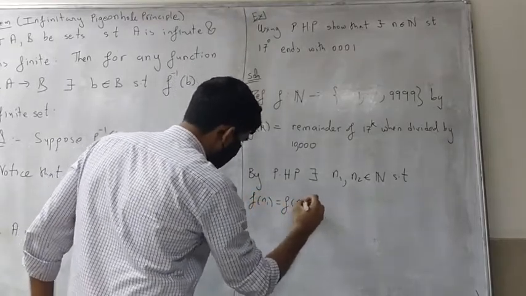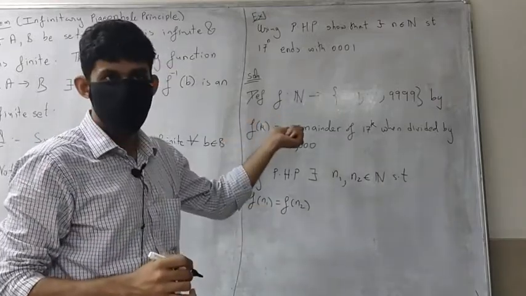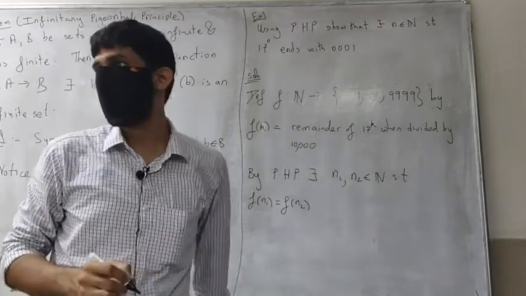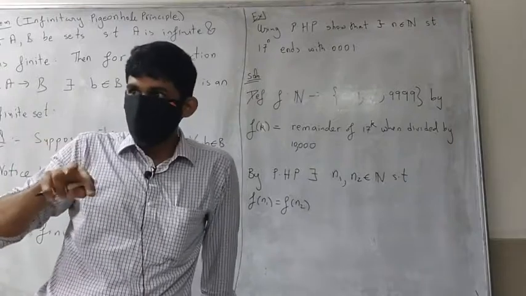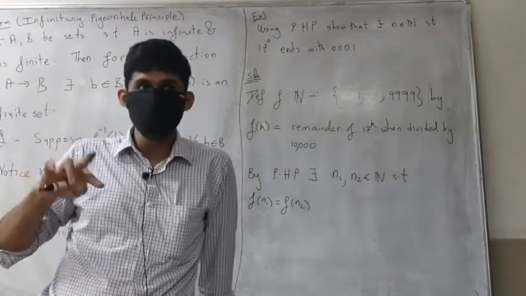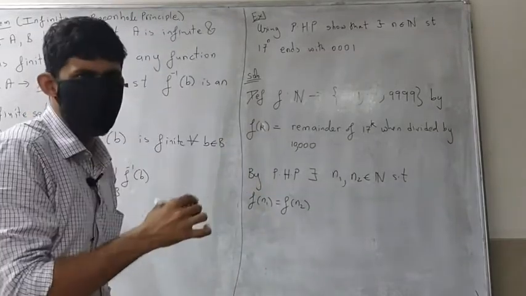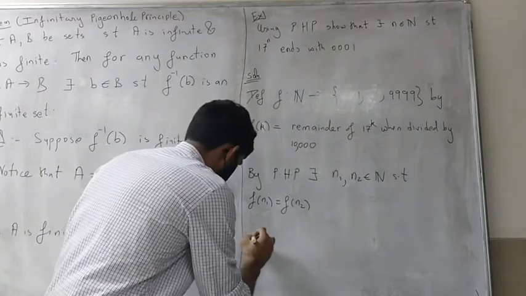That means the remainder of 17 raised to n1 is the same as the remainder of 17 raised to n2 when divided by 10,000. But remainders are equal if and only if these two numbers are congruent modulo this number, right? So I want to use the congruence modulo 10,000, otherwise we get into unnecessary calculations.